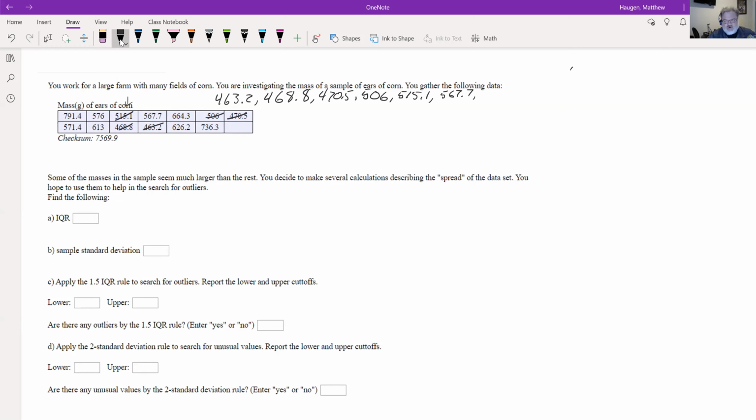So 470.5, I'm putting this into my little calculator here, plus 506 divided by 2. So that's 488. I lost it. 488.25 for Q1.